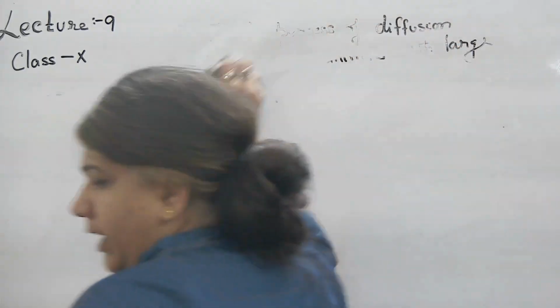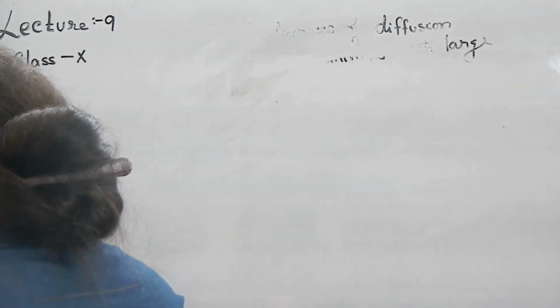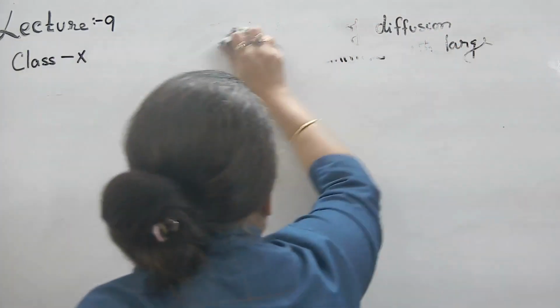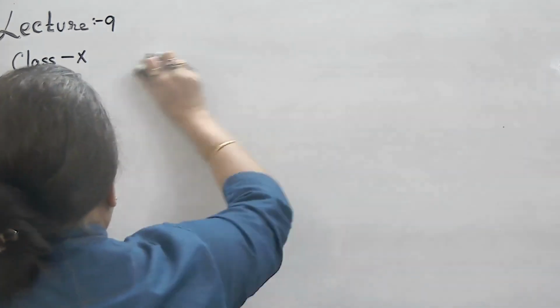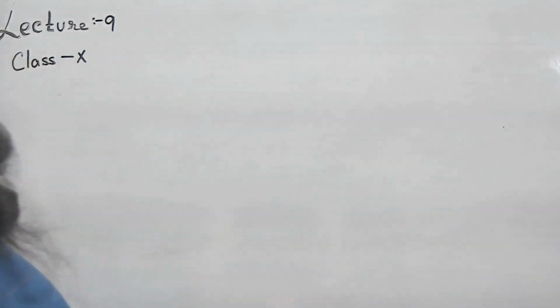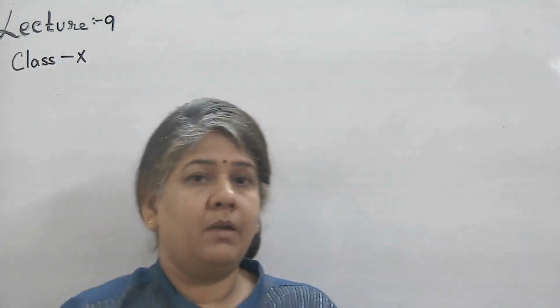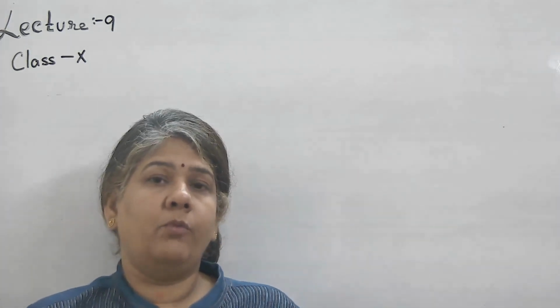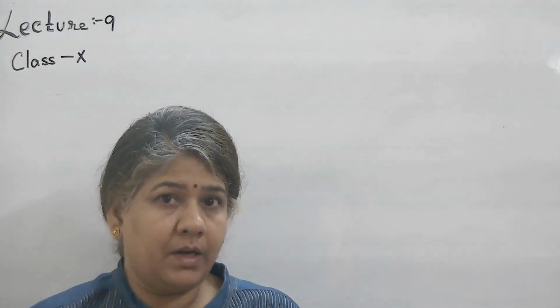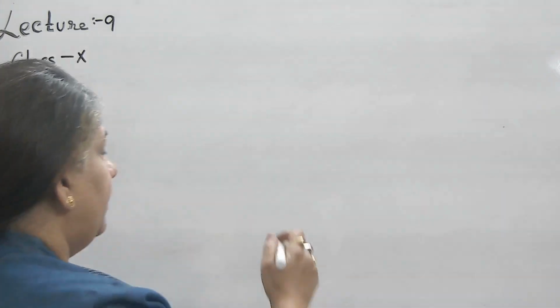So our body contains a pigment called hemoglobin. See, these respiratory pigments, just like hemoglobin, which is present in our blood, in the RBCs.